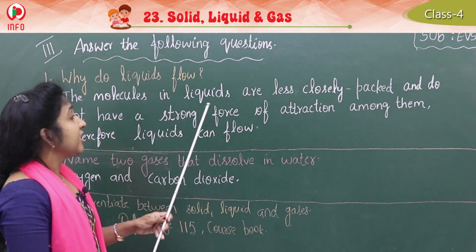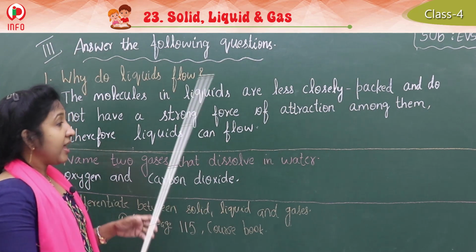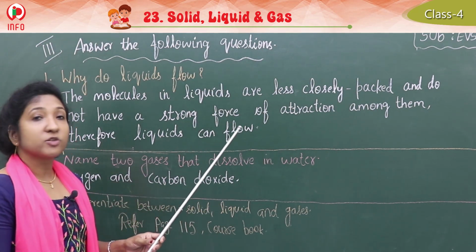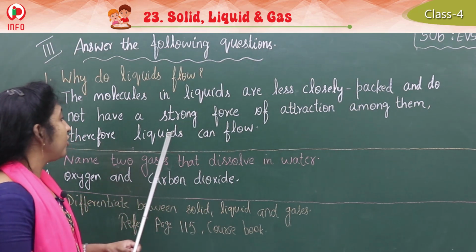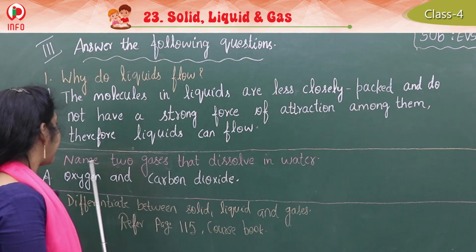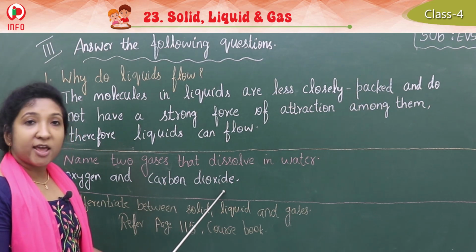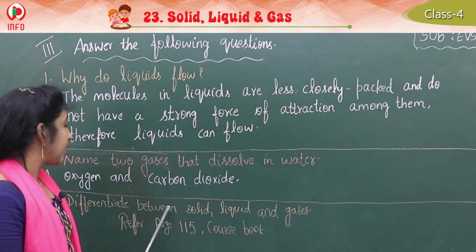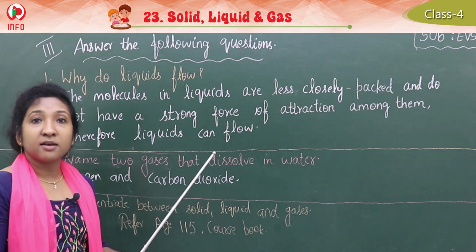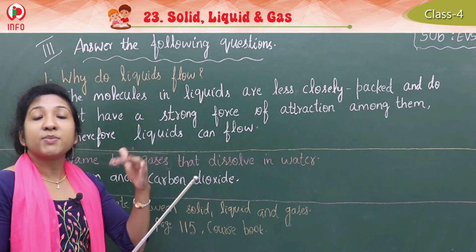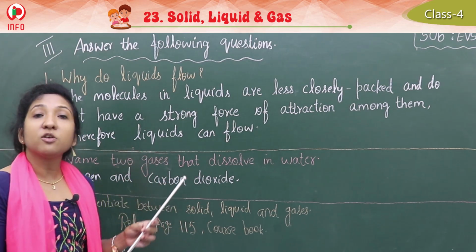The molecules in liquids are less closely packed and do not have a strong force of attraction among them. Therefore, liquids can flow. Second, name two gases that dissolve in water: oxygen and carbon dioxide. Third question, differentiate between solid, liquid and gas. That you can write from page number 115 in your course book. Okay.